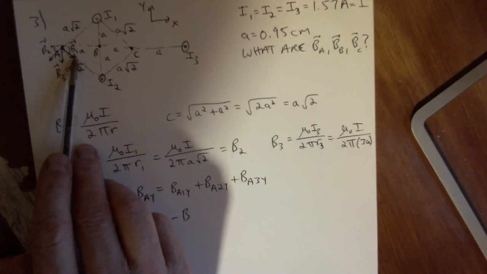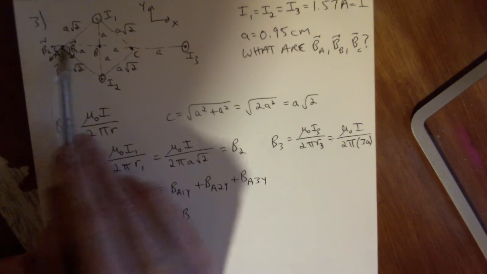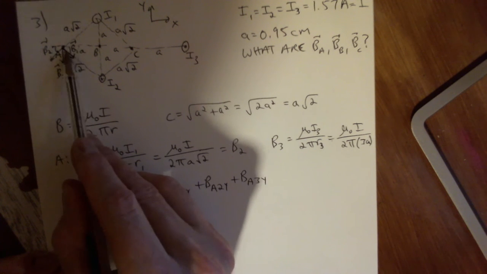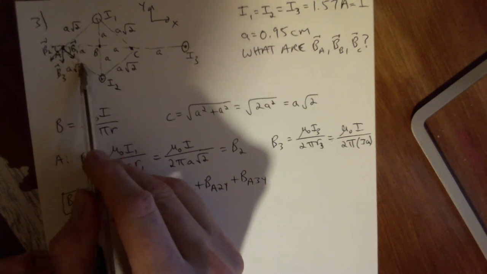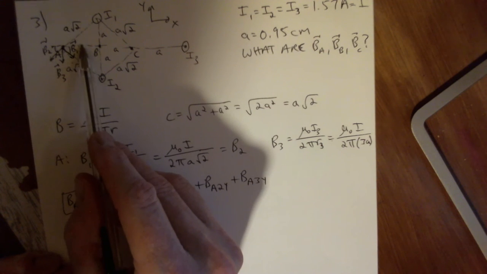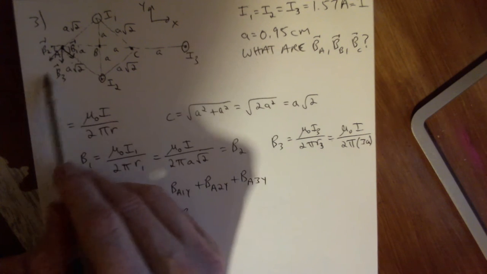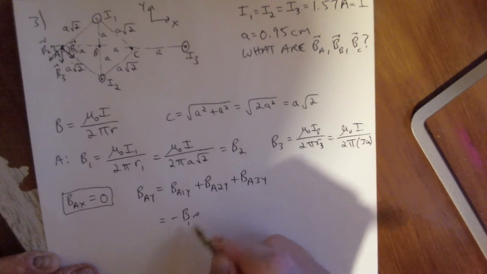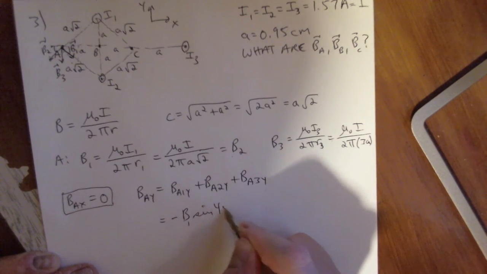times sine of this angle, because here's the y direction and it's opposite the angle. And so the mnemonic is if the direction is opposite the angle, you use sine. And it's 45 degrees, so it's B1 sine 45 degrees.